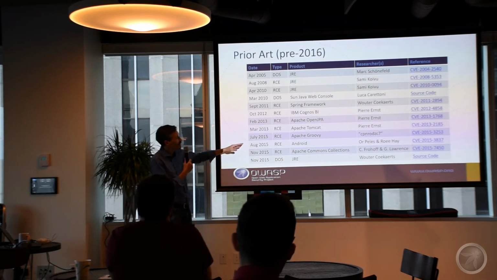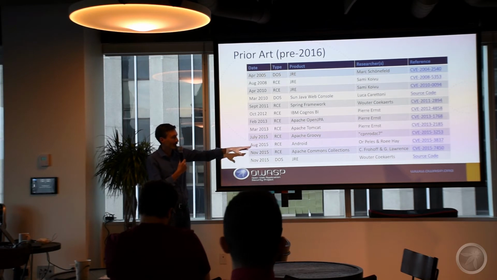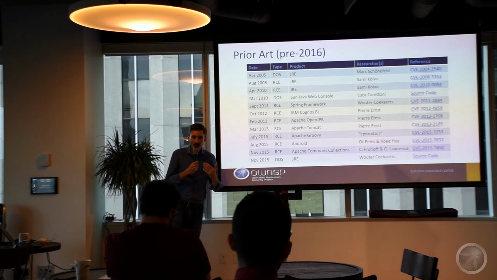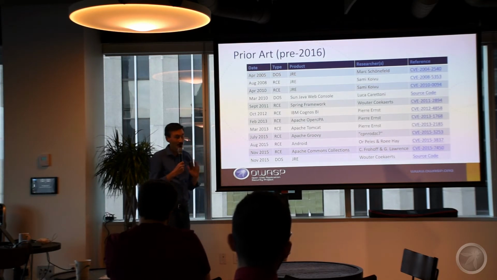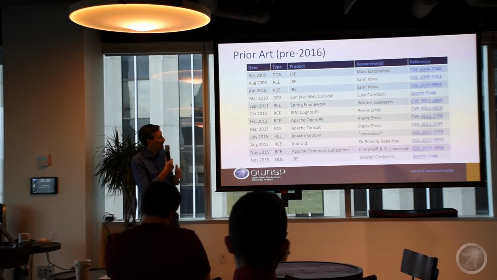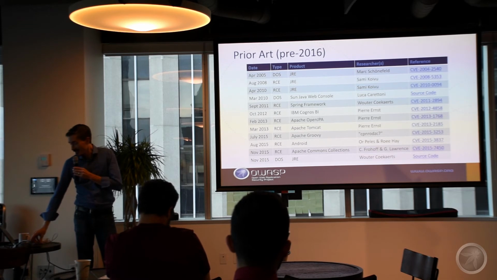Only in 2015 did people like Frohoff, Florence, and Matthias Kaiser alert the developer community about this issue, which nobody knew about before. But it was being exploited for a long time. I think that's an interesting point as well.